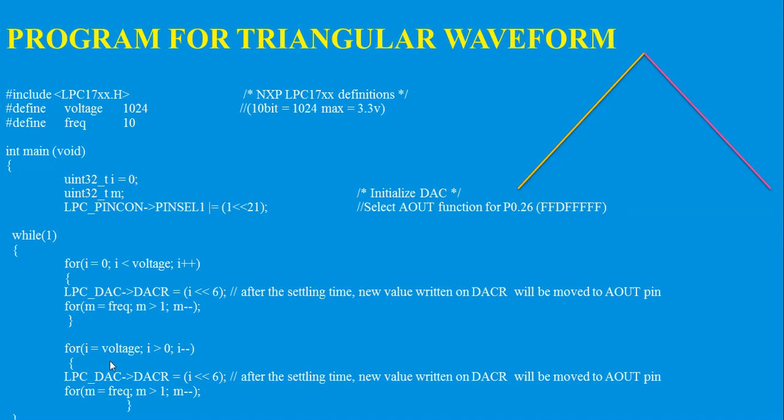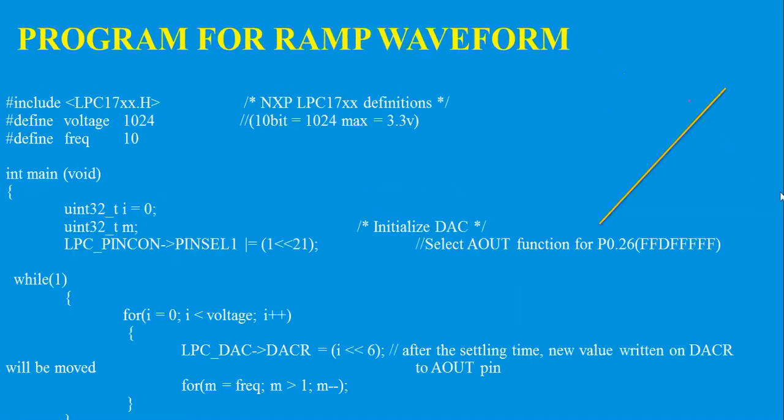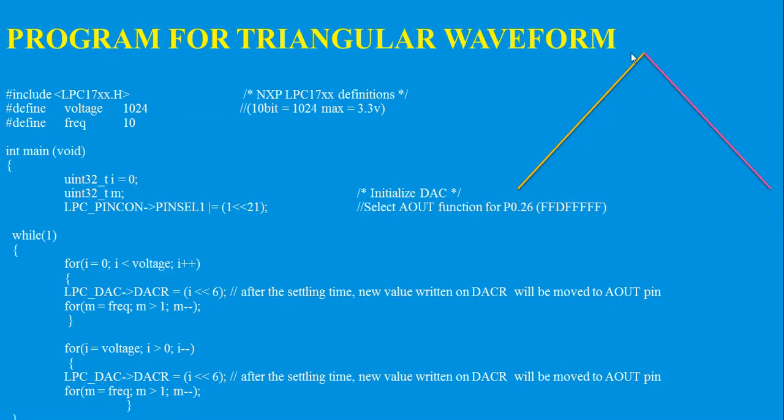Initially the value of I is maximum, and after each iteration it is decremented by 1, so the analog output pin voltage linearly decreases. Thereby we can expect a triangular waveform at the analog output pin.